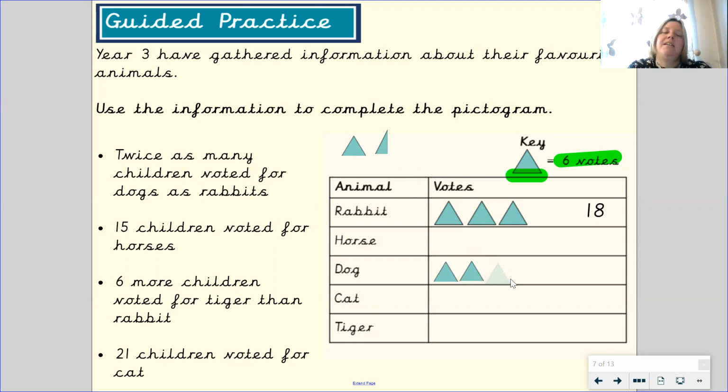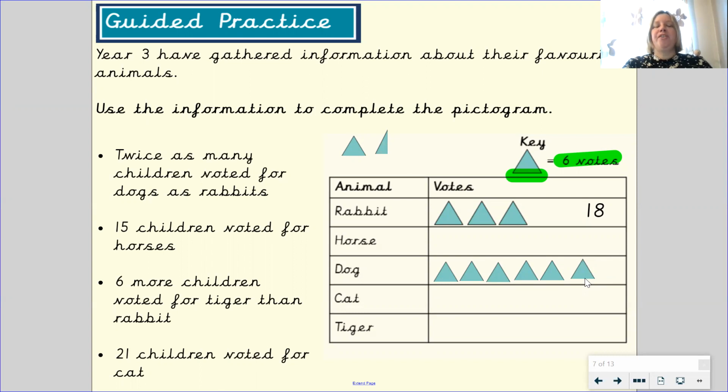If I'm adding another 18, how many triangles do you think I need to add to it? That's right, another 3 to show that there were 36 dogs in total. Let's read the next question.